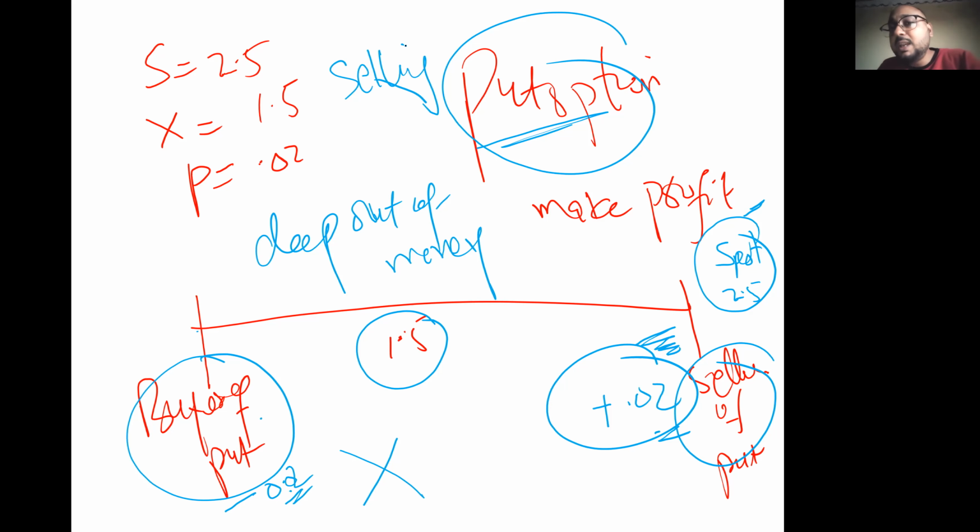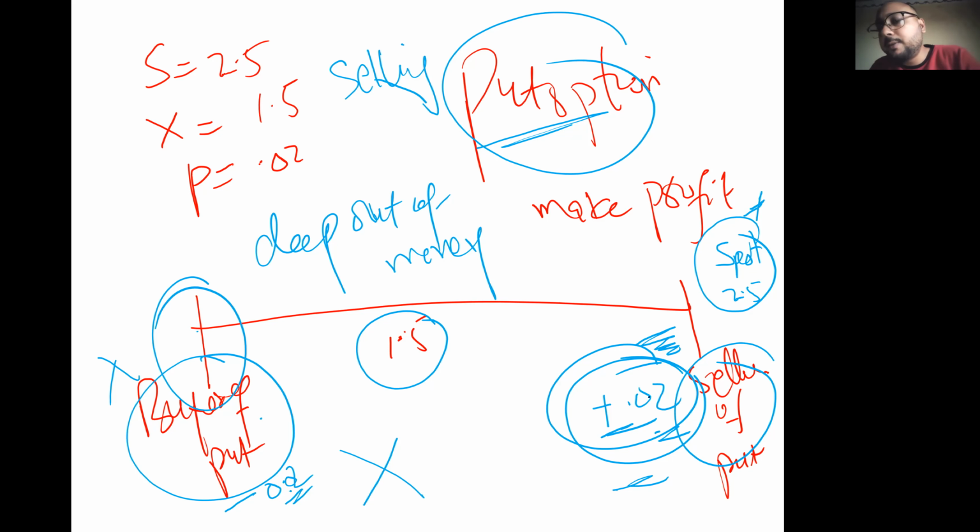This market is deep out of money, and if you find a counterparty who is ready to buy the put option, you only receive the put premium. That's it. And you know that after some time it will be deep out of the money, so the buyer will definitely not exercise the option. So the only thing is you will receive 0.02 on every dollar. That's what is written here.